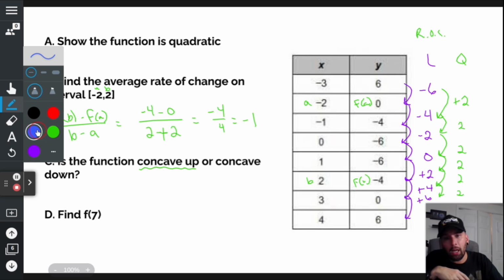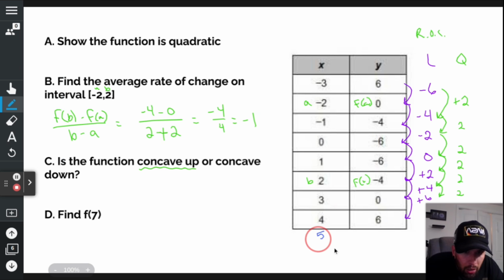Now to do the last problem, find f of 7, I have to use this information over here and keep this going. So I'm going to make you 5, I'm going to make you 6, and I'm going to make you 7. What we do to get from 0 to 6, what I did is I added 6. According to this, every time I add a number here, I have to add 2 more. So in order to get to 5, to find out f of 5, I add 8 more.